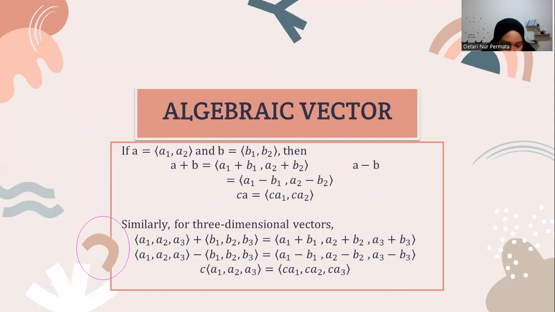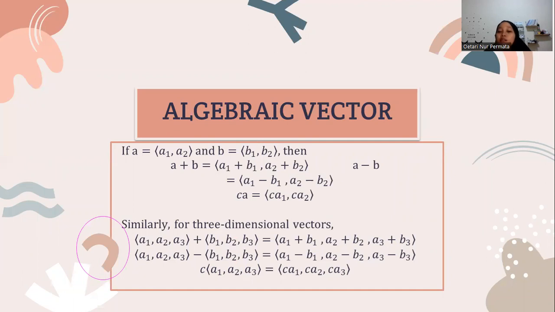So to multiply a vector by a scalar, we multiply each component by the scalar. Algebraic vectors. If a equals ⟨a1, a2⟩ and b equals ⟨b1, b2⟩, then a plus b equals ⟨a1 plus b1, a2 plus b2⟩, a minus b equals ⟨a1 minus b1, a2 minus b2⟩, and ca equals ⟨ca1, ca2⟩.